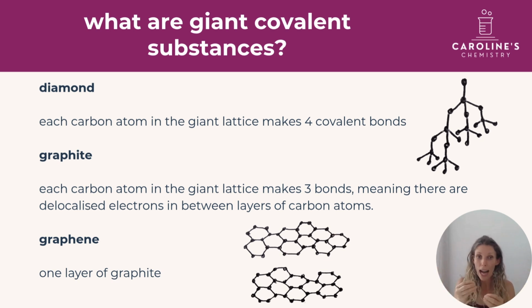So the layers are not actually covalently bonded together. Graphene is actually 1 layer of graphite. So it has many of the same properties as graphite because it has a similar structure, but it is only 1 layer. Let's talk about those properties in a little bit more detail, making sure that we explain what the differences are and how to explain what these properties are.